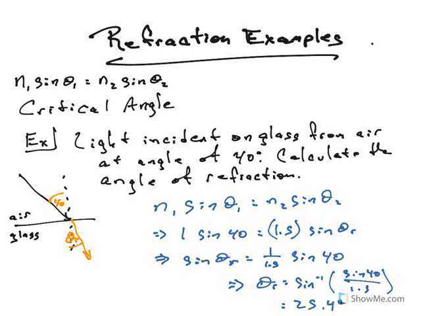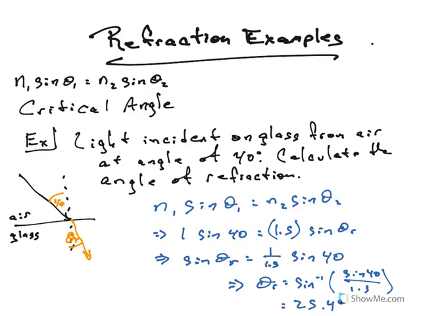Now before I box it, I try to see, does it make sense? And the way I ask that is I say, should my angle get smaller or should it get bigger for this case? And remember, the rule says if you go from less dense medium to more dense medium, your angle should get smaller. You're being bent towards the vertical line. And of course, the opposite is true.